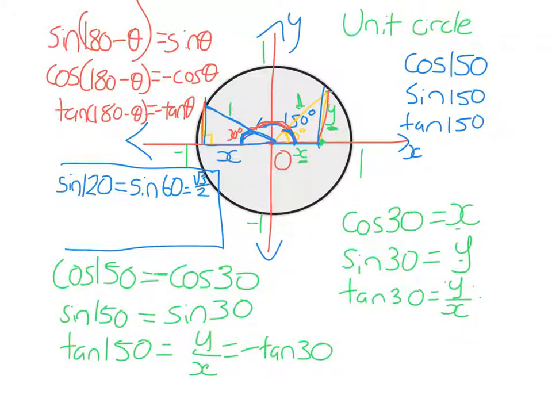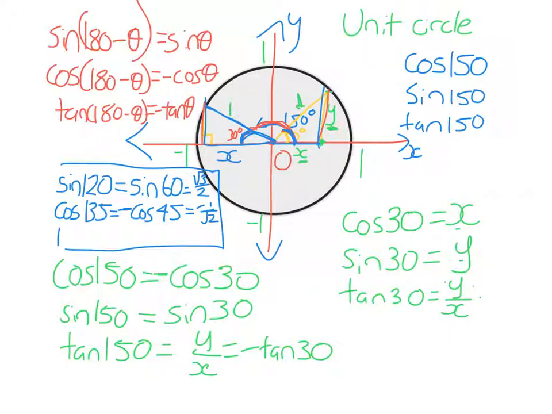So sine of 120 we've now defined. Let's say I wanted to figure out what is cos of 135. So 180 minus 135 is 45. So cos 135 and cos 45 have the same value, except the obtuse angle is negative. So cos 135 will be minus 1 on root 2.